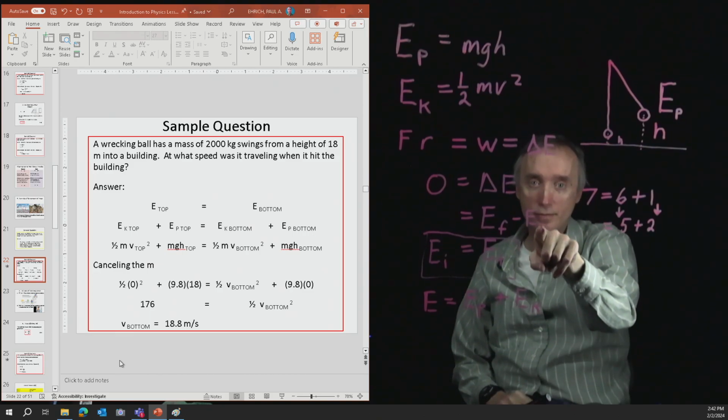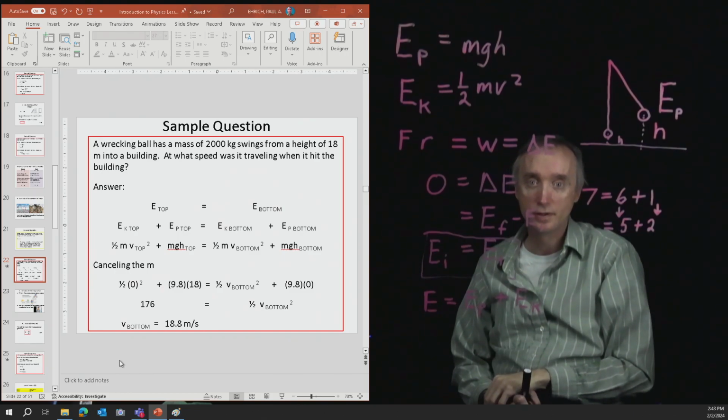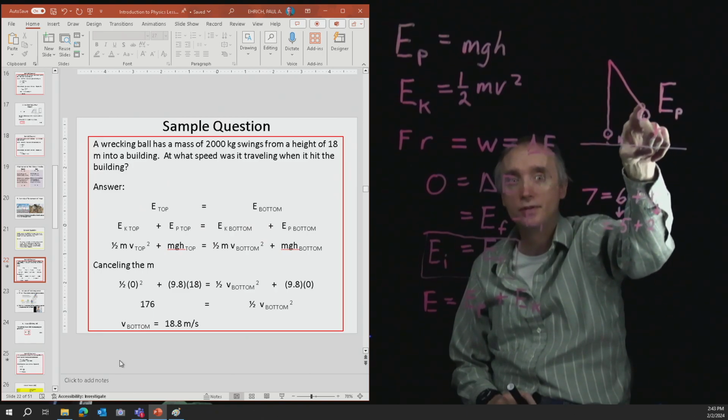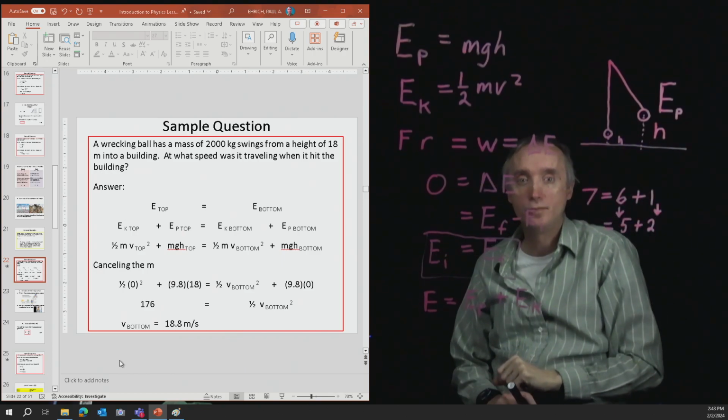Then what's the next thing that I can do? So I canceled out my m's out of all of those little pieces there. But then the next thing I said to myself was, when the ball is up here, it's not moving. So therefore, the speed up here is going to be 0. And then when it smashes into the building, it has no height anymore.